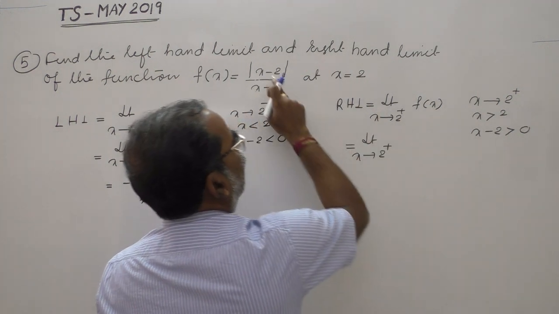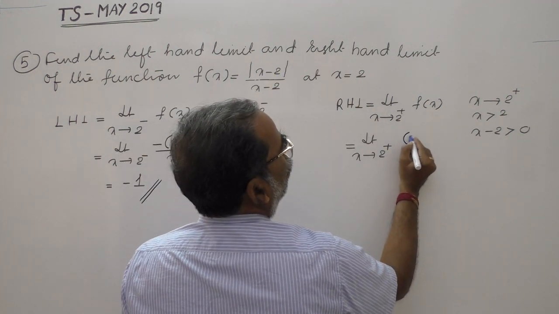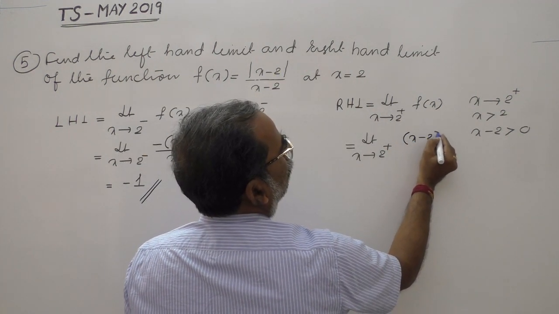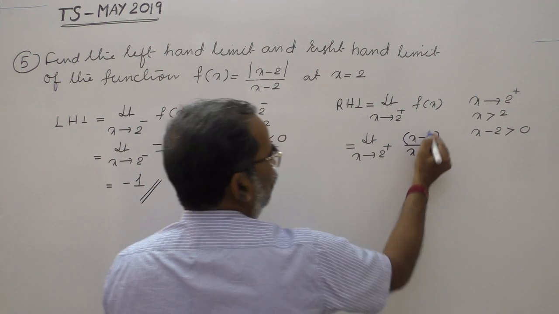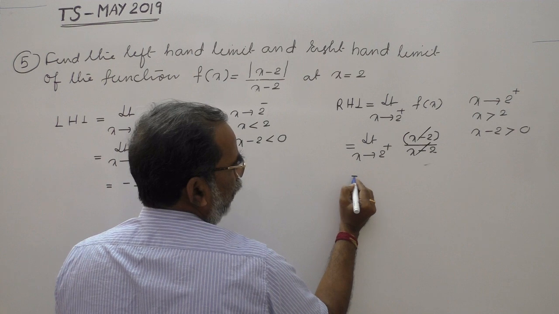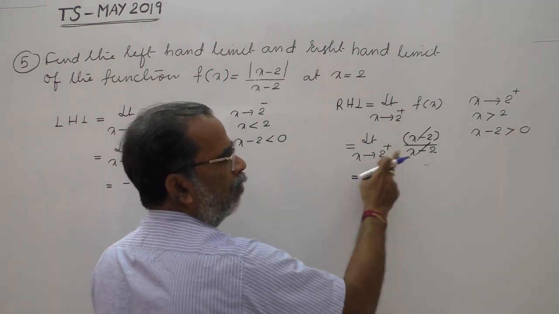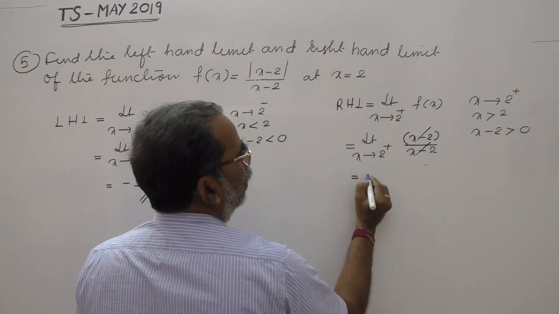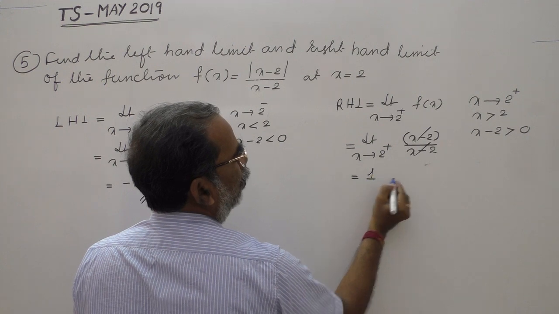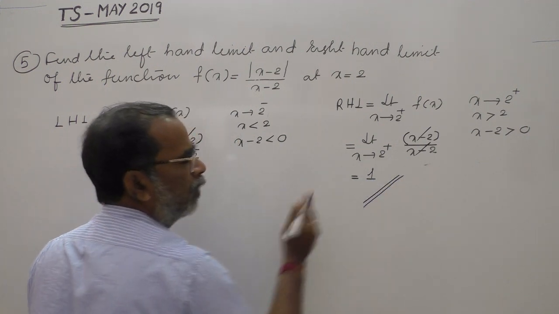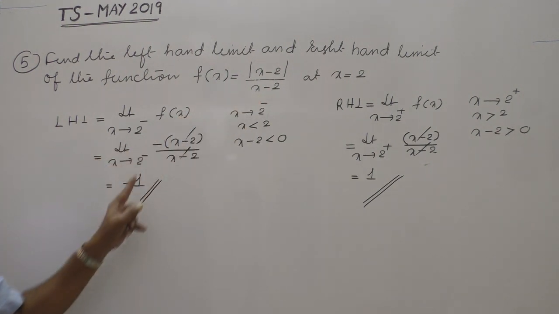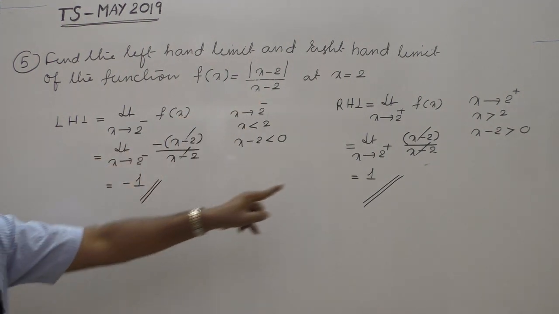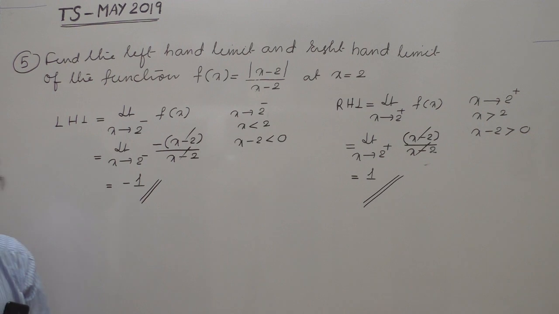If it is greater than 0, then the mod value is positive, x − 2 only, divided by x − 2. The x − 2 gets cancelled. We have 1, a constant number, therefore its limit value is 1. Therefore the left hand limit at x = 2 is −1, the right hand limit is +1.